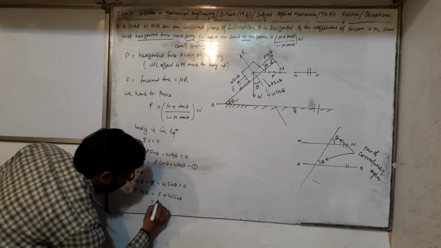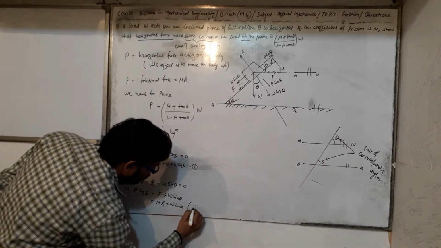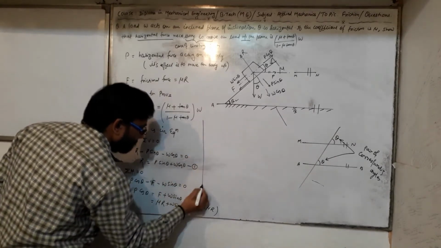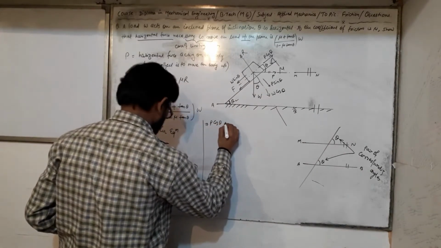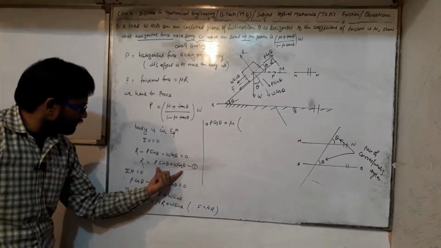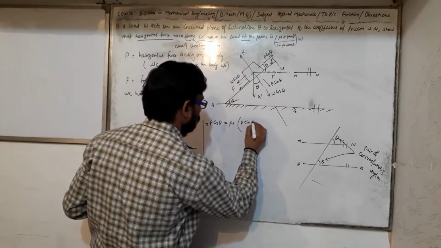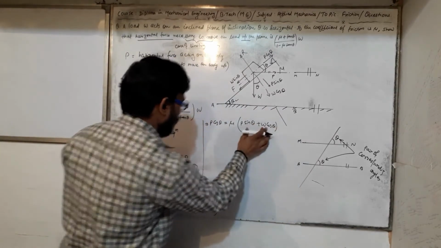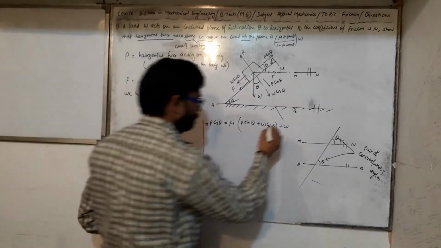Now F is nothing but mu times the normal reaction, because the frictional force is mu times the normal reaction. So P cos theta is equal to mu times, putting the value of R from equation 1, P sin theta plus W cos theta, plus W sin theta.